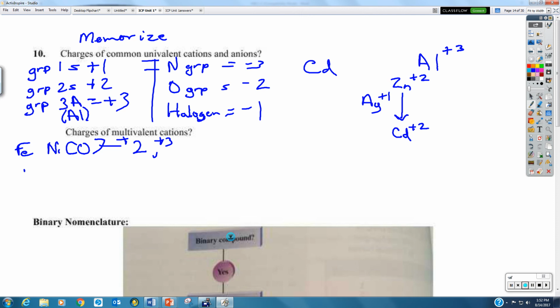The other one that we have is copper and mercury. Copper and mercury can be +1, +2. Now, this is special about mercury. Whenever mercury is a +1 charge, we write it like this.